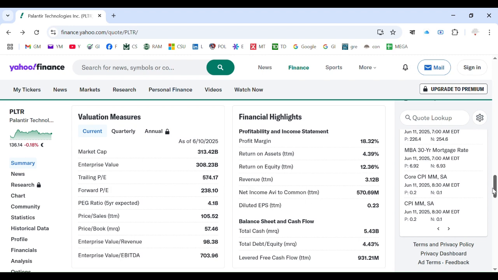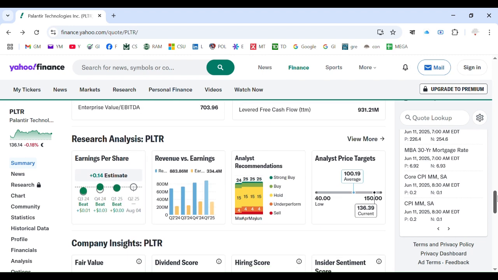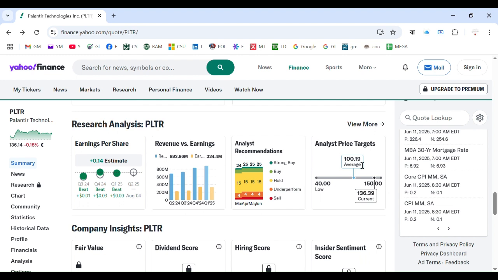And what about analyst expectations? The analyst price target is $100.19, while the stock is currently at $136.39. So if you consider analyst expectations, the stock price has exceeded the analyst price target too. The average price target is $100, and the price is $136.